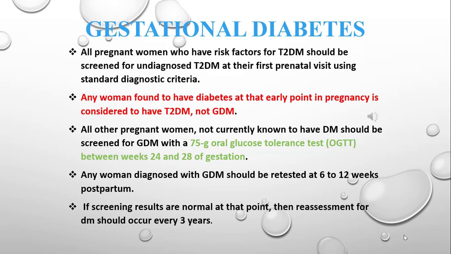Any woman diagnosed with gestational diabetes mellitus should be retested 6 to 12 weeks after delivery. If the screening results are normal at that point, then reassessment of diabetes mellitus should be considered every 3 years to avoid any complications.